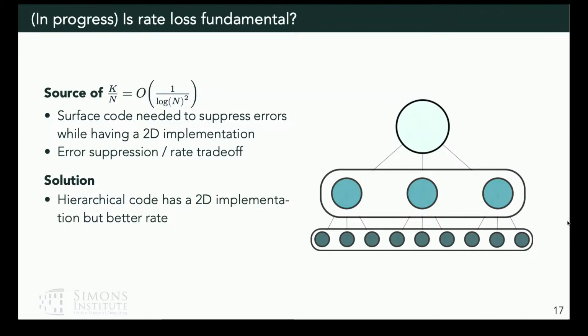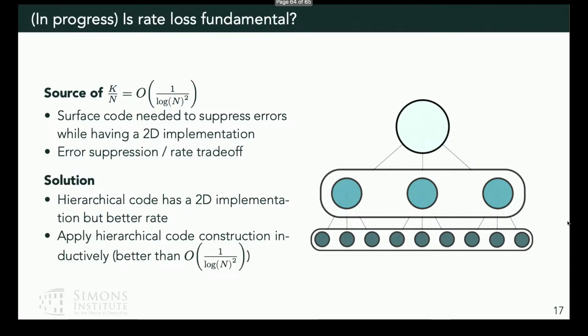Well, it doesn't have to be the surface code. It just has to be any code for which we have a 2D implementation. So why don't we use a hierarchical code to bootstrap our way up and get better and better hierarchical codes with better rate? Indeed, we can do this, and then we can improve this 1 over polylog to quite a bit better than that. And with that, I'd like to conclude. Thanks.